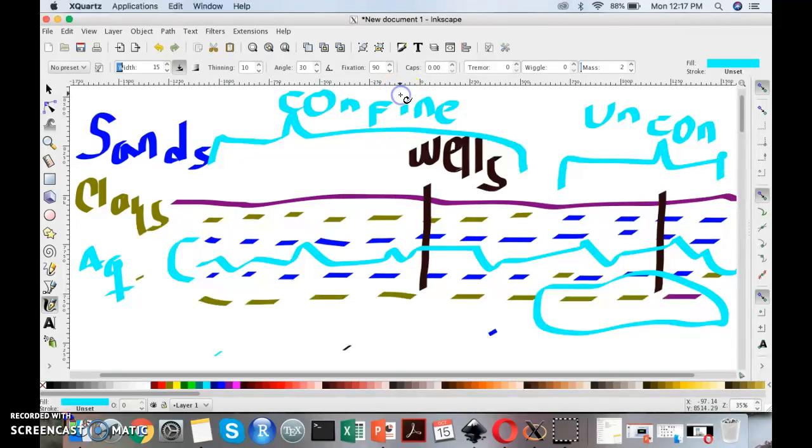If you think it's because the clays are very impermeable, that is exactly correct. Clays are going to be impermeable. They're not going to let much water flow through them. So if I try to flow through here, it's very unlikely that I can get through it. So I'm just going to continue this way because that's the easiest flow path.